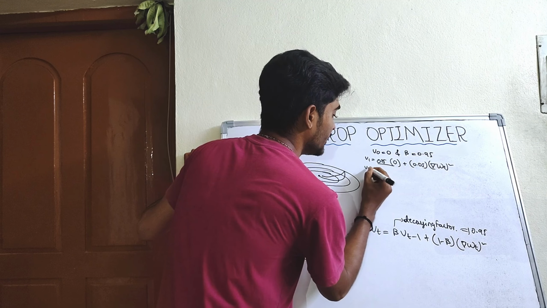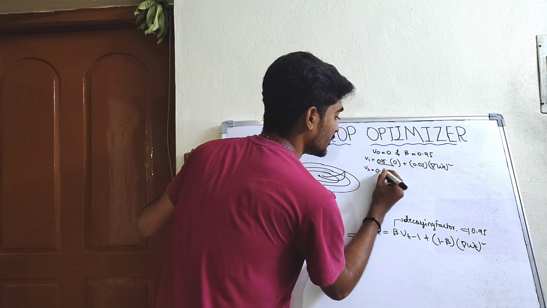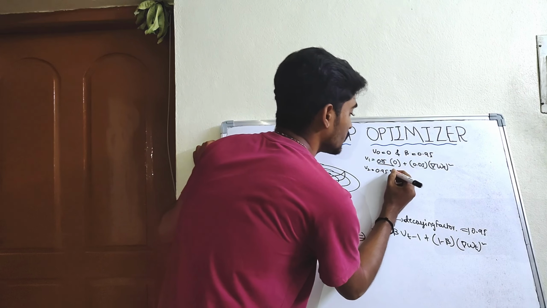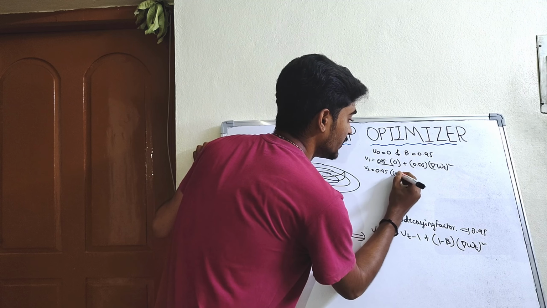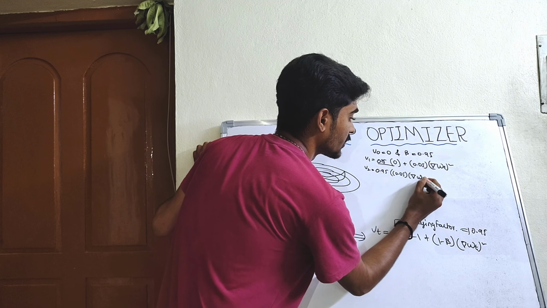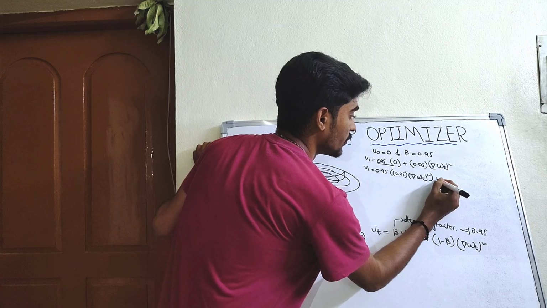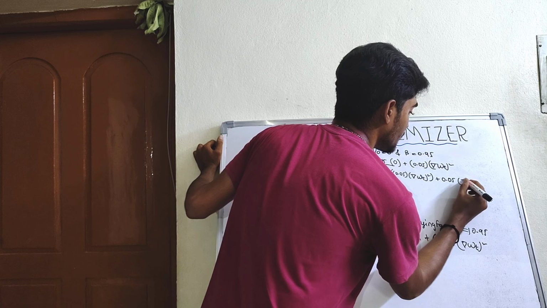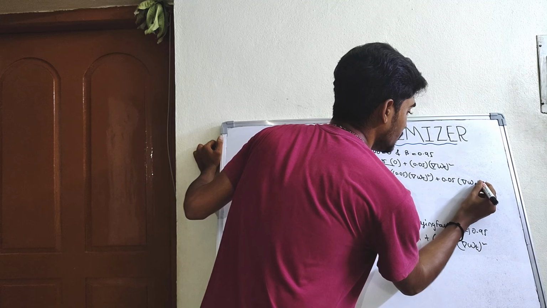Now let us calculate V2. V2 is 0.95 times V1. V1 is 0.05 times delta Wt whole square, plus 0.05 times delta Wt whole square.